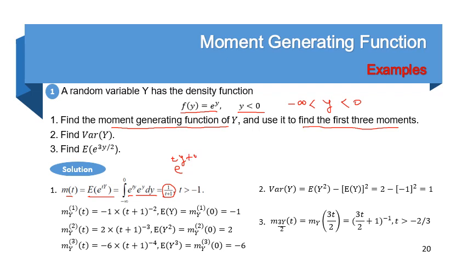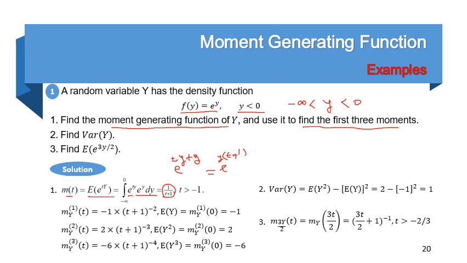If you take y as a common factor, you will end up with e to the power y multiplied by a bracket that has t plus 1, as here.